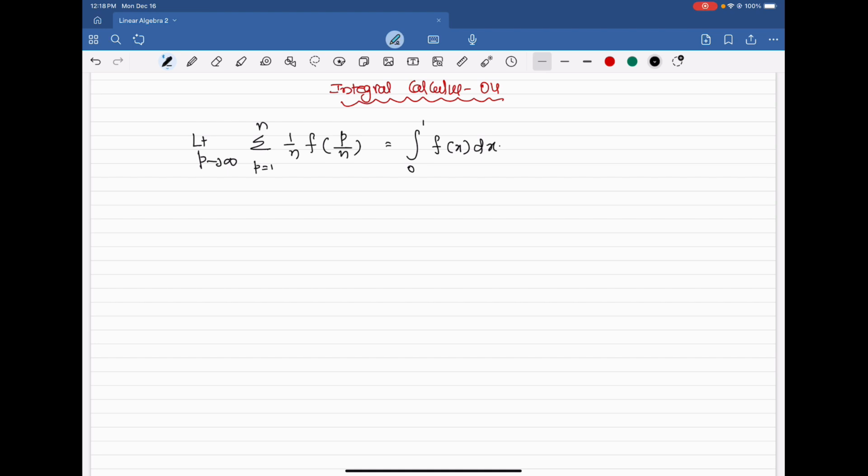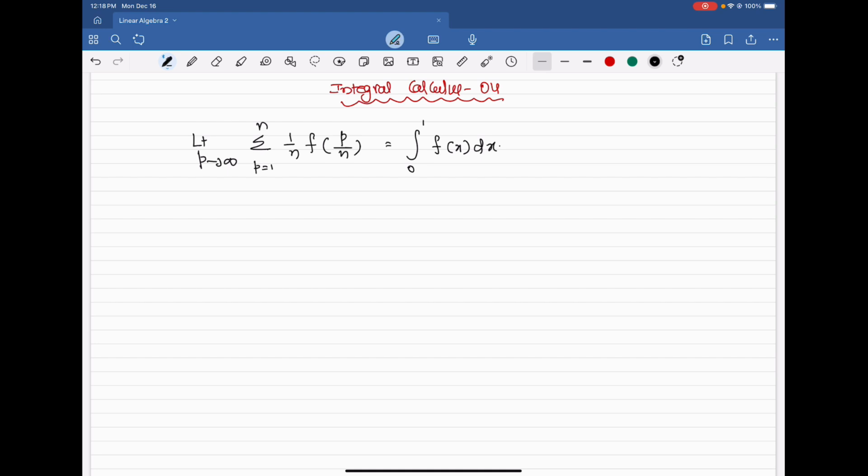And I have defined what is function x, which is nothing but function p by n on the left hand side. What is dx? It is nothing but 1 by n. What is integral 0 to 1? It is nothing but sigma p is equal to 1 to n, limit n tends to infinity. These are the definitions in the above function.